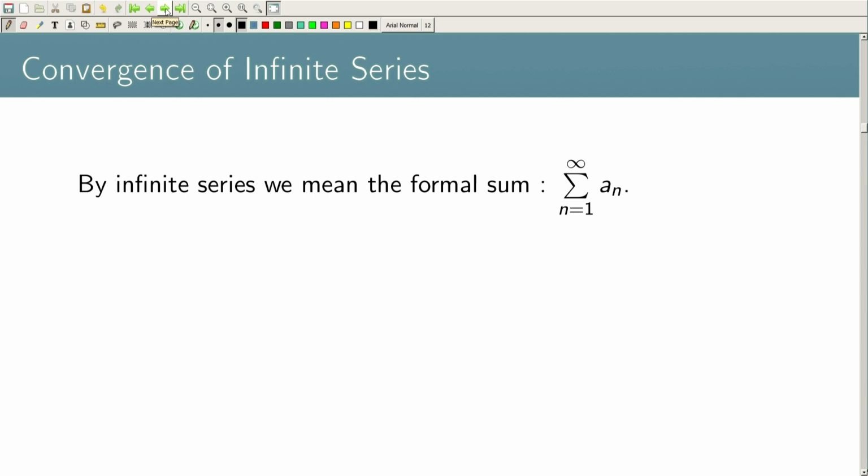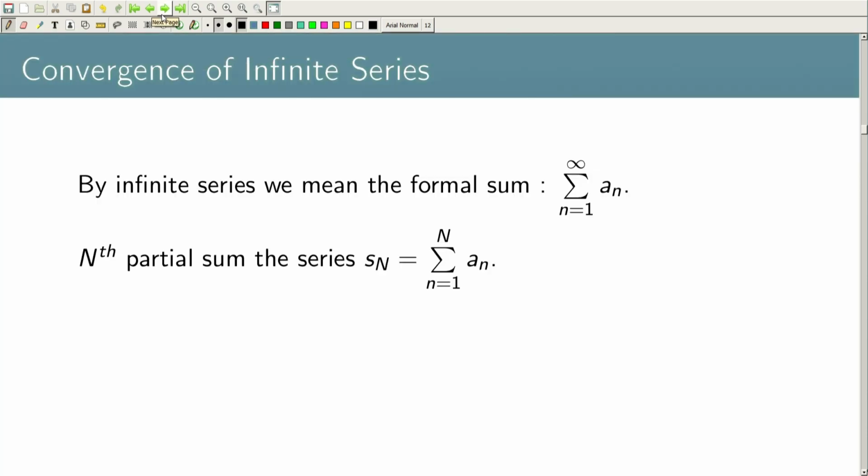Okay. So, by infinite series, what does it mean? We know that we have an algorithm where we can add finitely many terms, but when it comes to infinite, we have to be very, very careful. So, what we do is take the partial sum S_n, which is the sum from 1 to n of a_n.